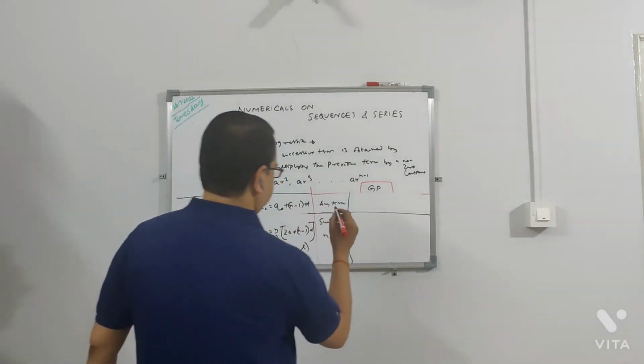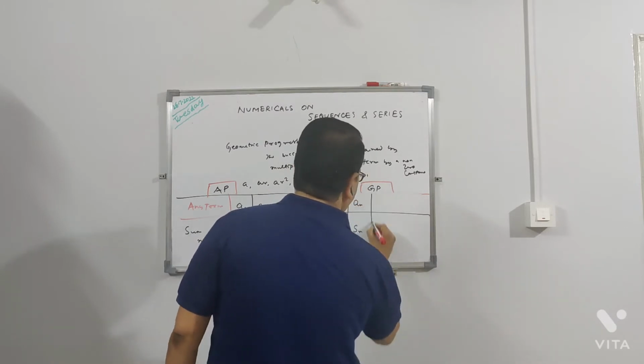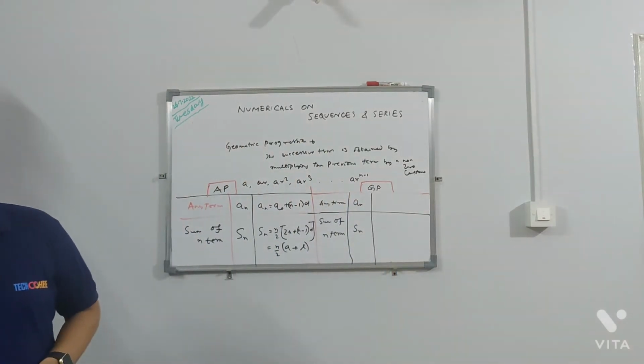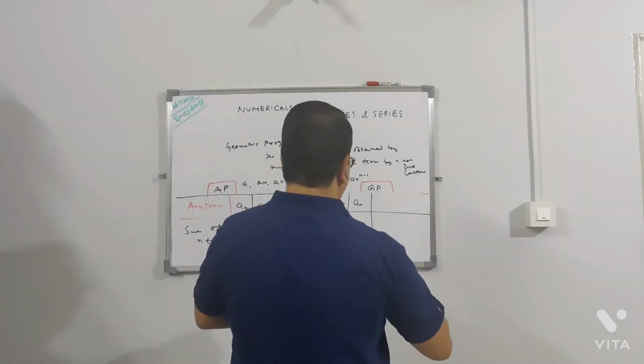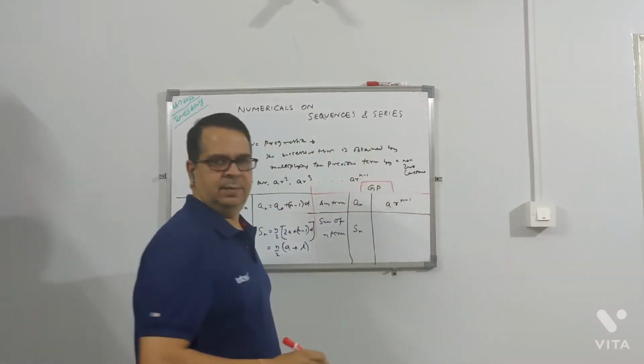You can write it as an in GP and Sn is the sum. The formula for an in GP is a r to the power n minus 1. This you have to remember.